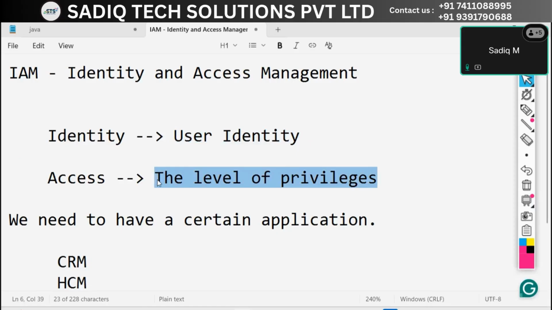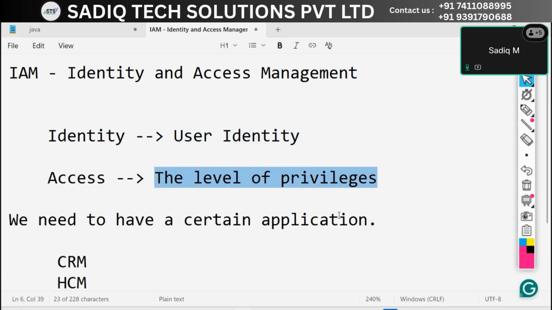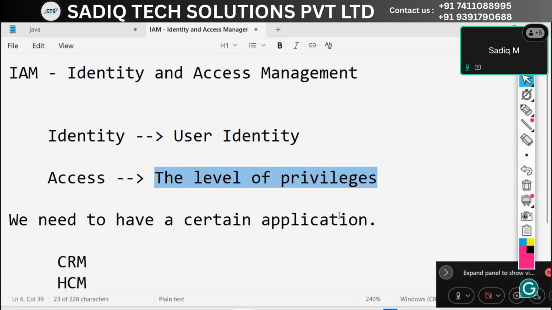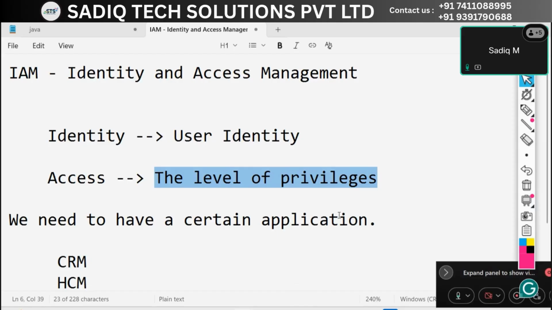If you are an admin user, the level of privileges is different from a normal user. Suppose in a hospital organization, we have an application for the health department. As a doctor, I can see the patient records, I can update the patient records, I can modify, delete whatever I want, I have the extra privileges.